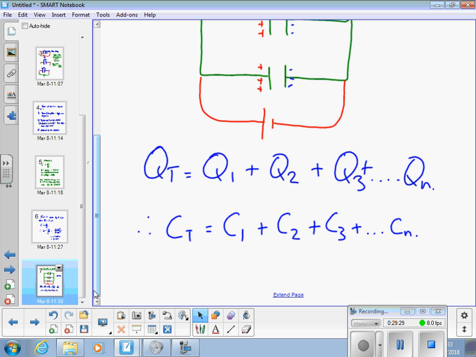If we've got mixed multiples, we must be careful with them. If they're all microfarads, you can just add the numbers together and the answer's in microfarads, but if they're different, you've got to deal with the powers of 10 notation.